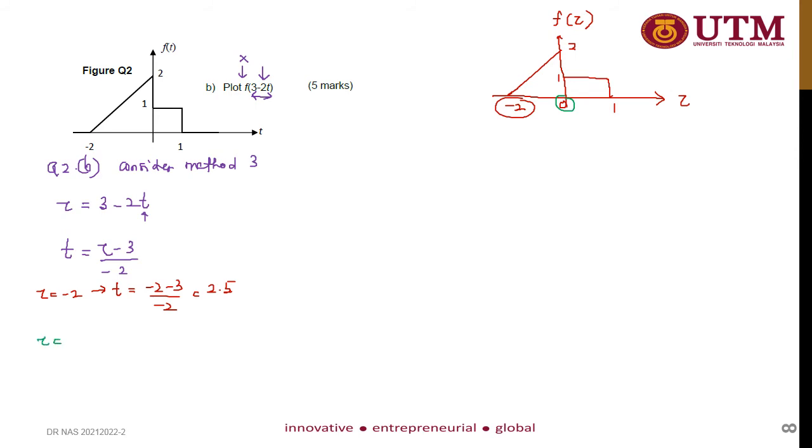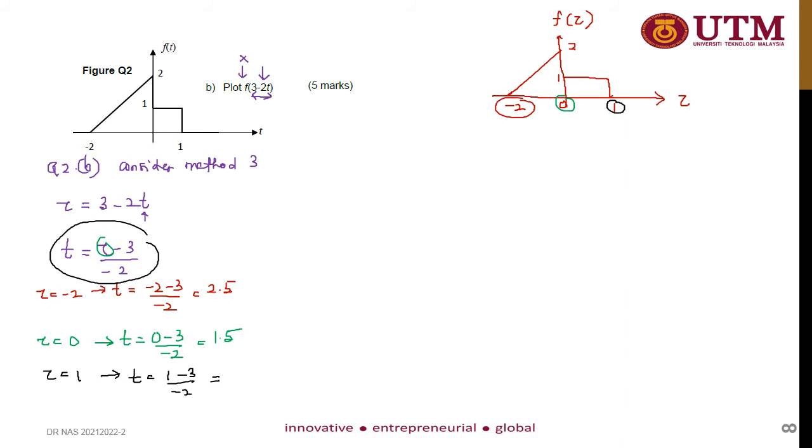For tau equal to 0, t is equal to (0 - 3) divided by -2, so -3 divided by -2 is 1.5. Next, the third tau is 1. So tau equal to 1, the new t is (1 - 3) divided by -2, from the equation that we derived from the component inside the bracket. So 1 - 3 is -2, divided by -2 is 1.